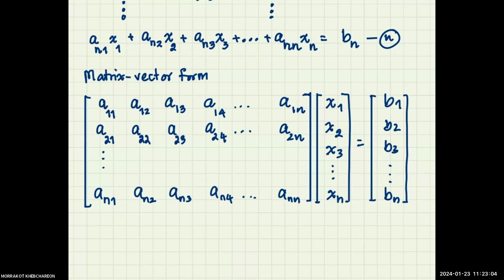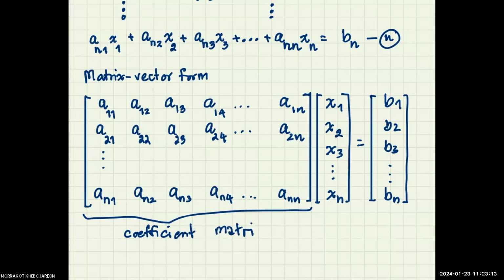So I give the name capital A to this matrix. In the general form, if you call the matrix capital A, the entry or element of the matrix is represented by lowercase a. The first index of a tells you the row. The second one tells you the column, okay?